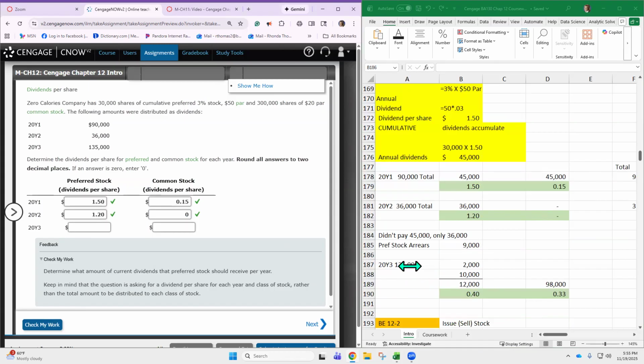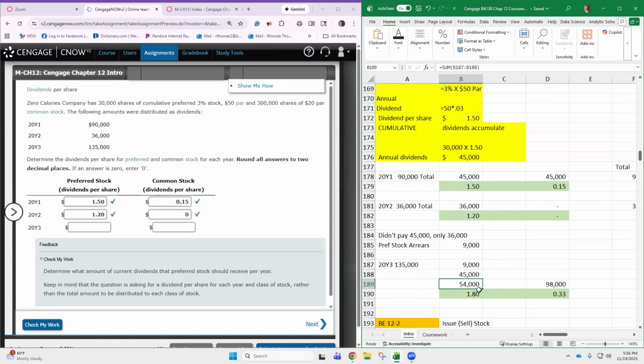They're paying out 135,000. Okay, we need to back pay the preferred shares their 9,000 from the year before. We've got an obligation then to pay them another 45,000 for year 3.